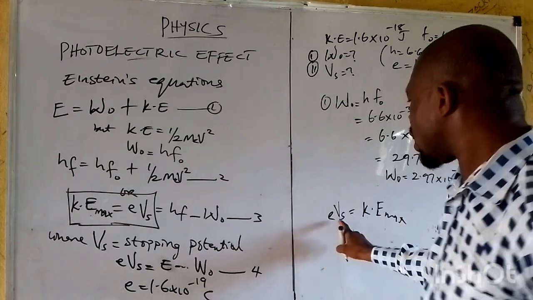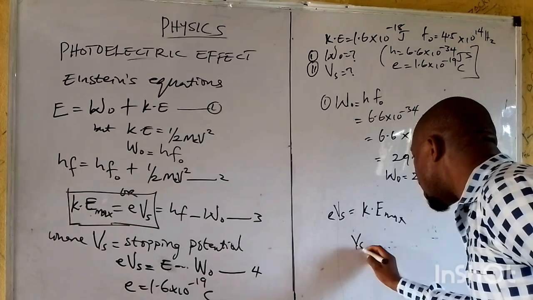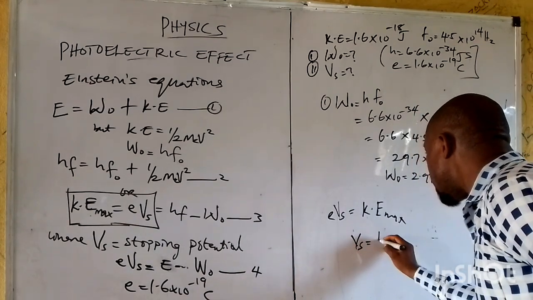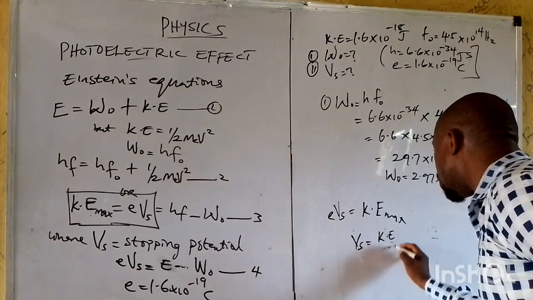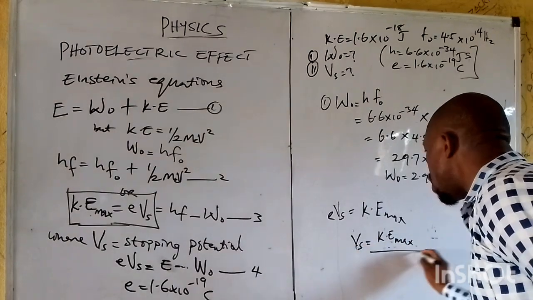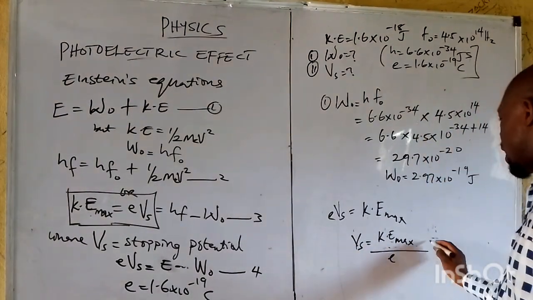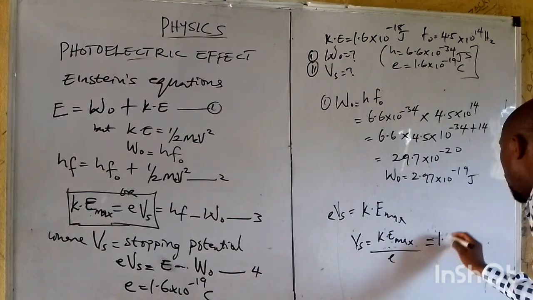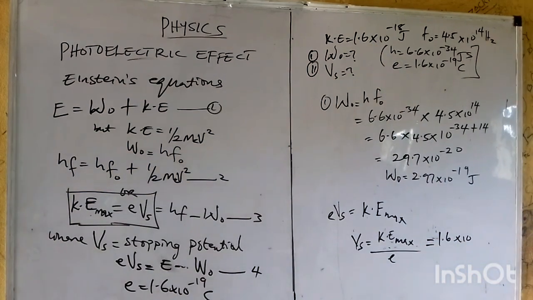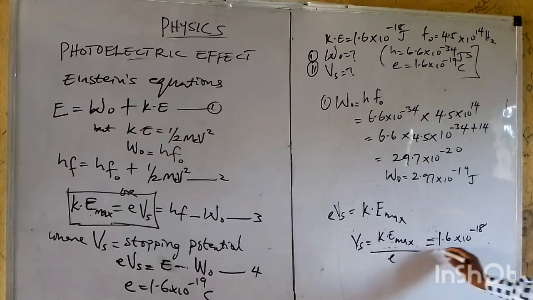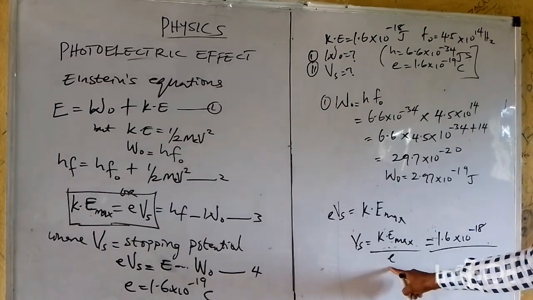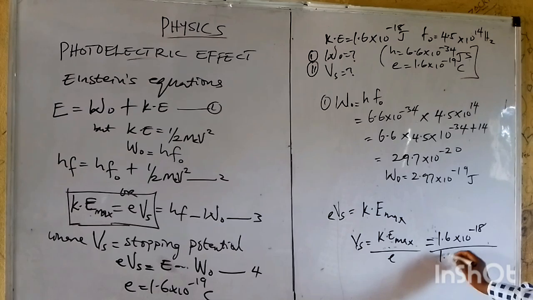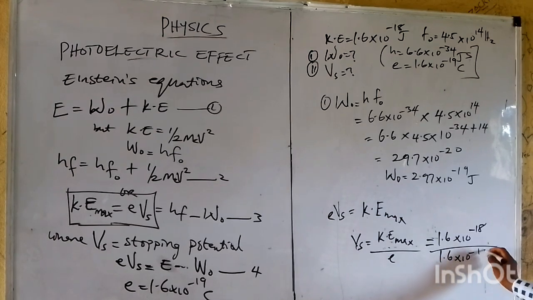So if we make V the subject, we now have that Vs is equal to maximum kinetic energy, KE max, all over e. The kinetic energy here is given as 1.6 times 10 raised to power minus 18 all over the one electronic charge, given as 1.6 times 10 raised to power minus 19.